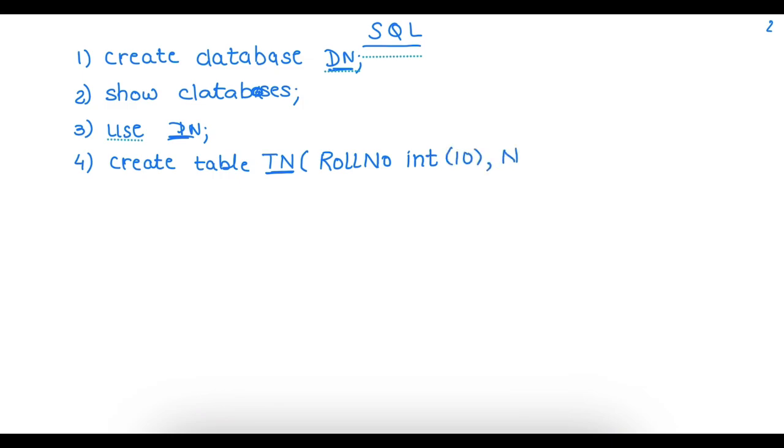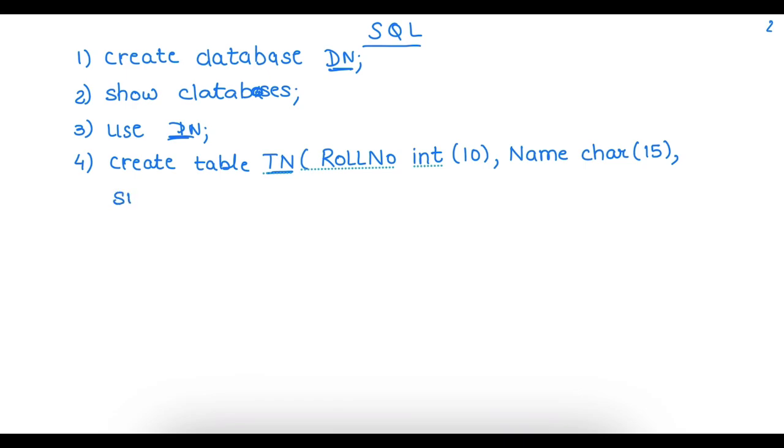Then next column is name, data type we can write it as char, size is 15. Next column name is subject, data type can be varchar, size can be 20, and next column may be date of birth, and the data type will be date.